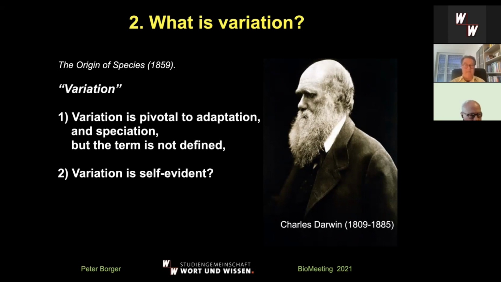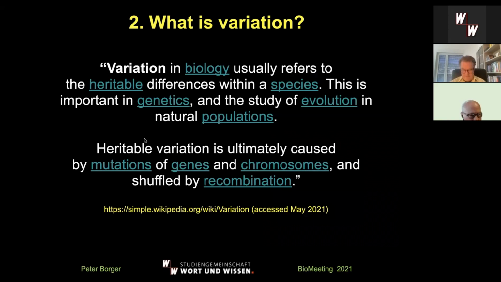And nowadays, if we look into what variation is and biological variation, we end up again at this information platform. And here it is mentioned that variation in biology usually refers to the heritable differences within a species. This is important in genetics and the study of evolution in natural populations.